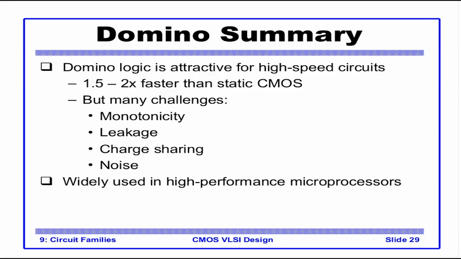The arithmetic part has big adders, and those adders can use domino logic. The performance of that adder actually determines the performance of a complete CPU, because big adders take a lot of time in evaluation.